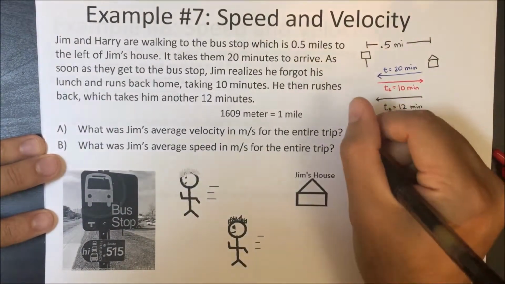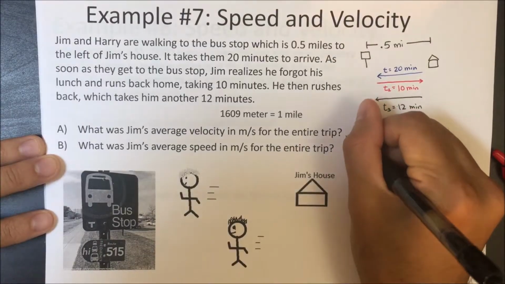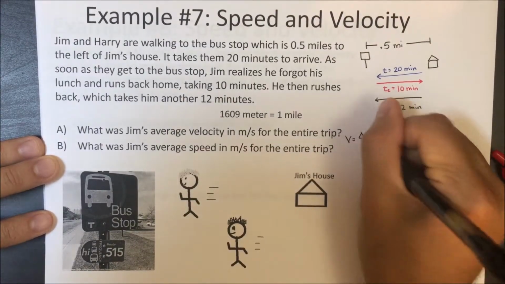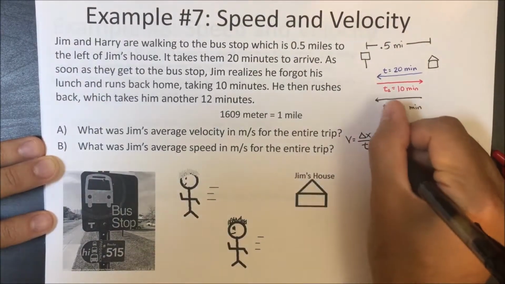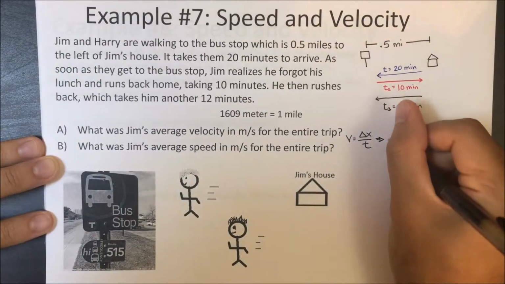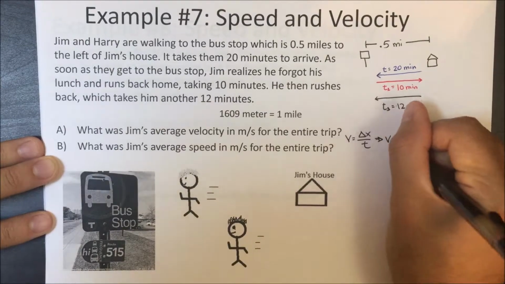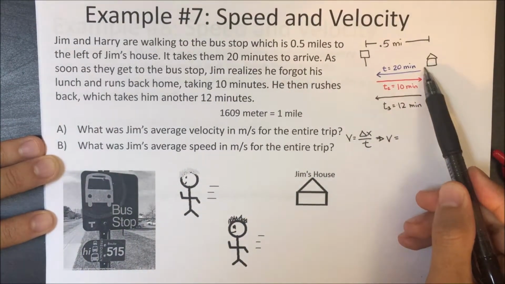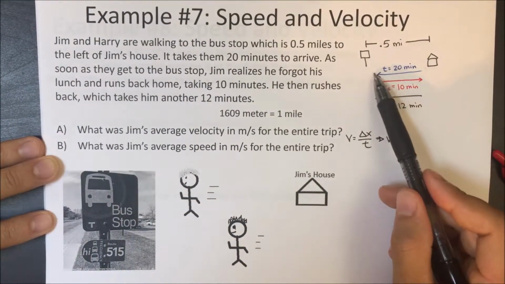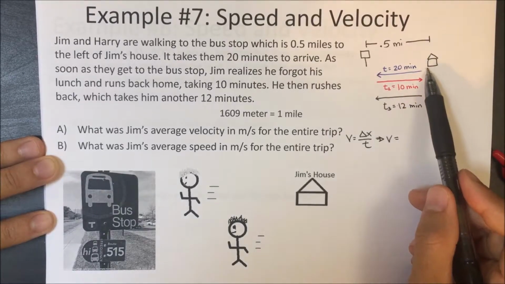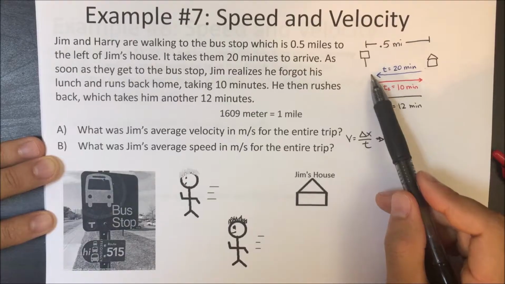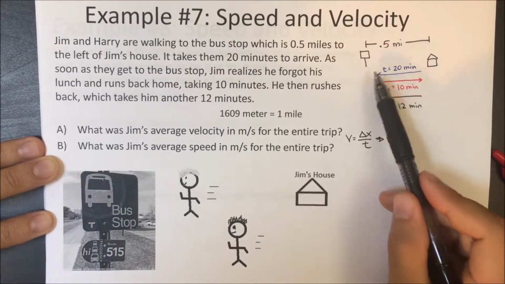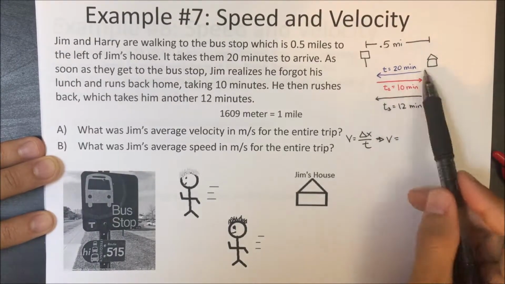We know that velocity is equal to the displacement divided by the time. What's important to know with this problem is the displacement. He starts here, zigzags, and ends up over here. So his starting position is at the house, and his ending position is at the bus stop over here, which is 0.5 miles to the left.